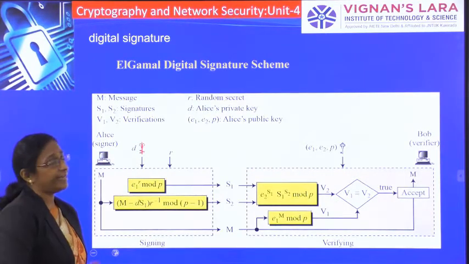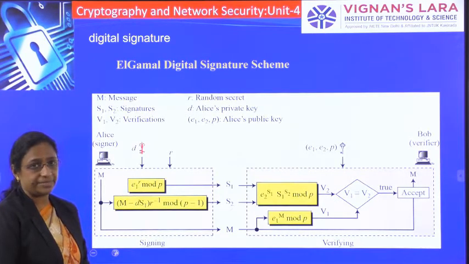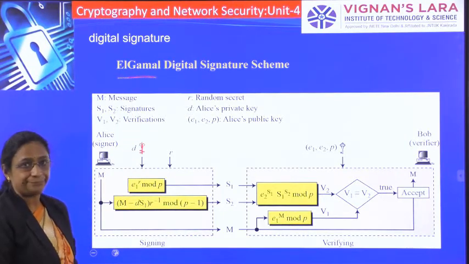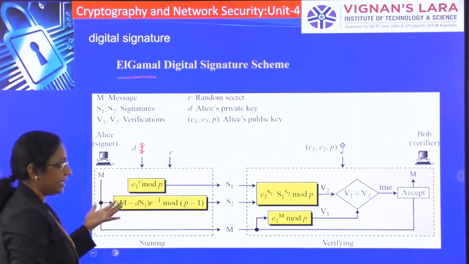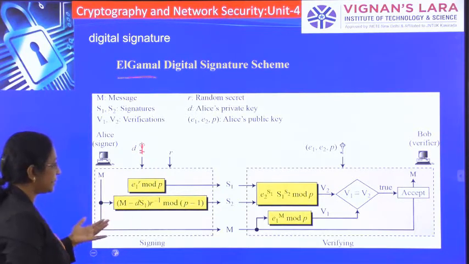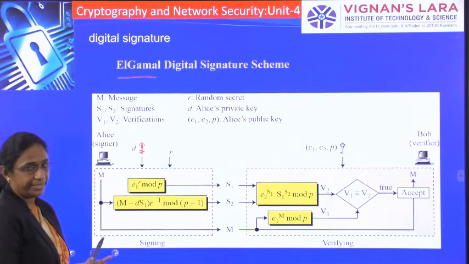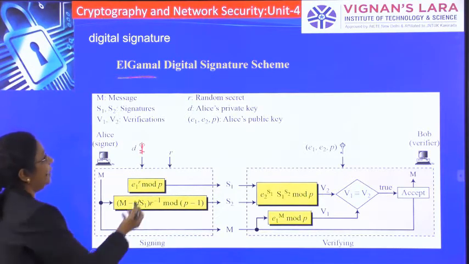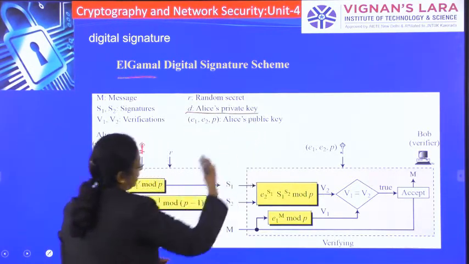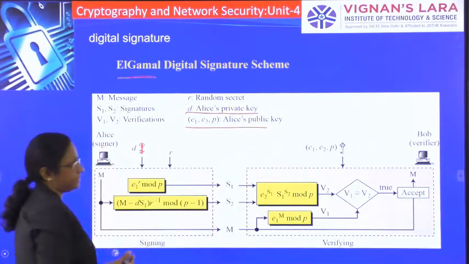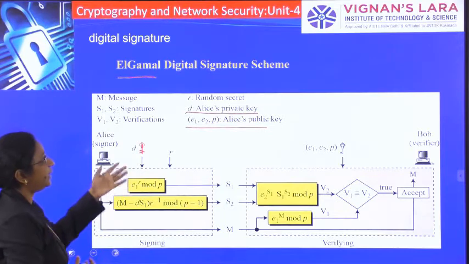The next digital signature scheme available is the Elgamal digital signature scheme. Here also you generate public keys and private keys, where D is Alice's private key, and E1, E2, and P are Alice's public key.